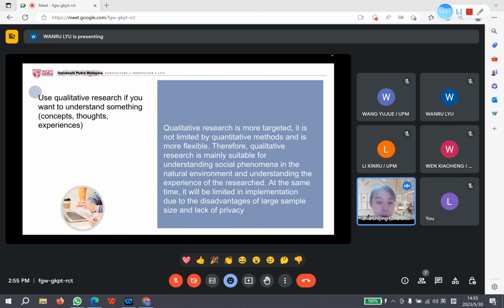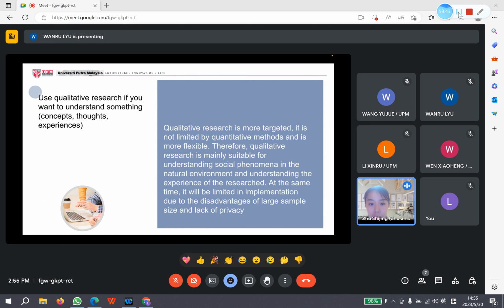And the next, if you want to understand something such as experiences, you can use qualitative research, because qualitative research is more targeted. It is not limited by quantitative methods and it is more flexible.